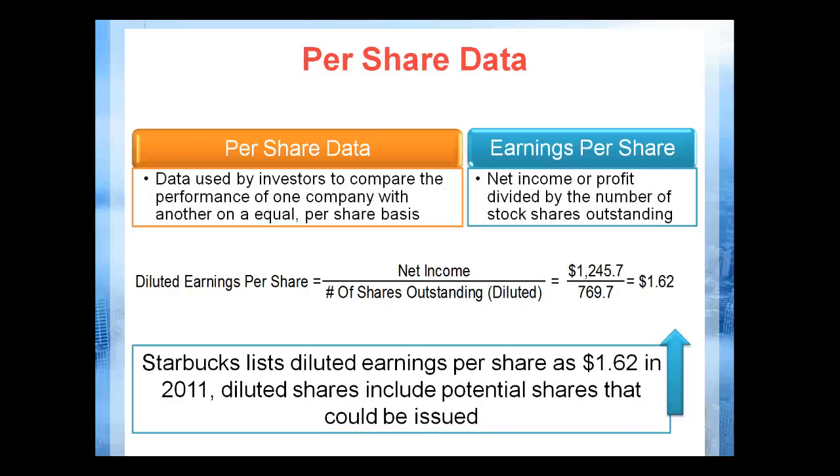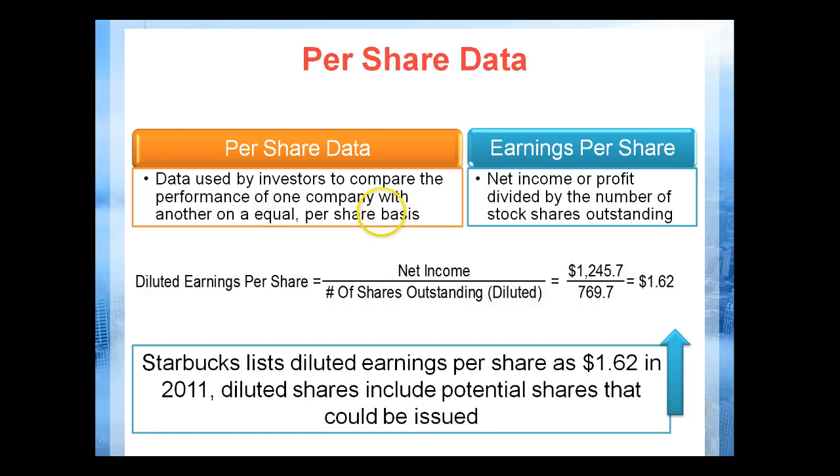Now, organizations that are public and have stock available to individuals outside of their ownership have outside owners. Per share data is important, and it's going to be your earnings per share. How much are you earning per share of stock that you have outstanding?